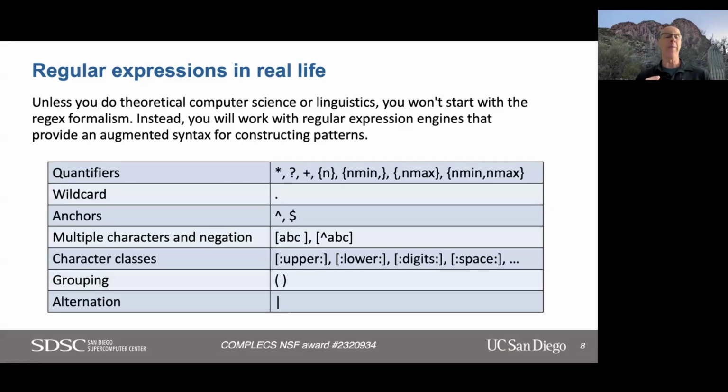We have ways for specifying multiple characters and negation of those groups of characters. We'll look at character classes, say for defining uppercase letters, lowercase letters, digits, white space, and so on. We have parentheses for grouping, and finally a vertical bar for alternation.